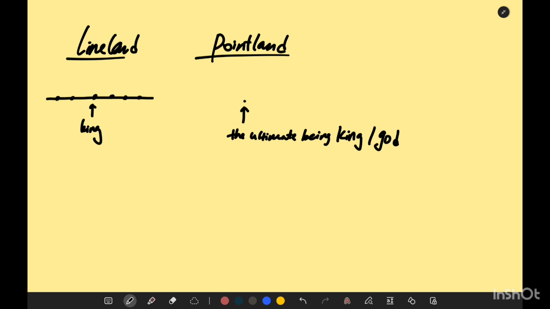So once the square visits, he mistakes the king of Lineland as being a woman because everyone are lines. I sort of misdrew this diagram because they look like points right now, but I'm just trying to make a point that this is a person, this is a person, this is a person, this is a person. Yeah.